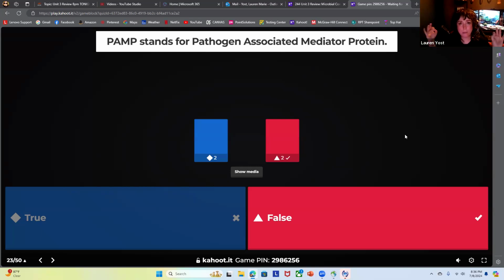This is a general marker for bad guy. Is the presence of endotoxin specific to any specific pathogen? Absolutely not. All of the gram-negative pathogens, let's say E. coli or Salmonella or Shigella, they all have endotoxin on the outside, and that's not going to differentiate between them.